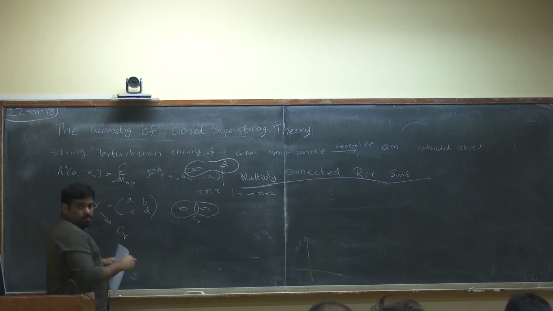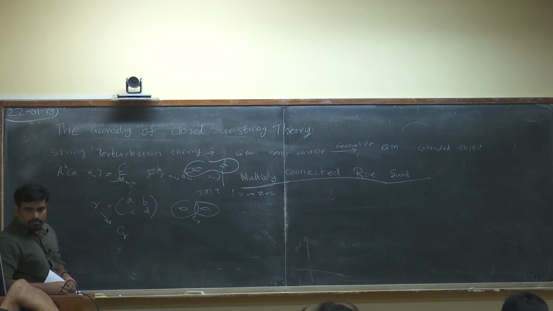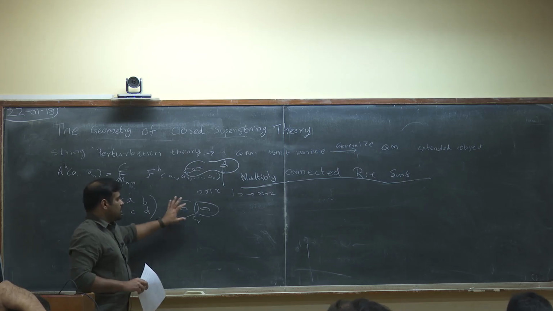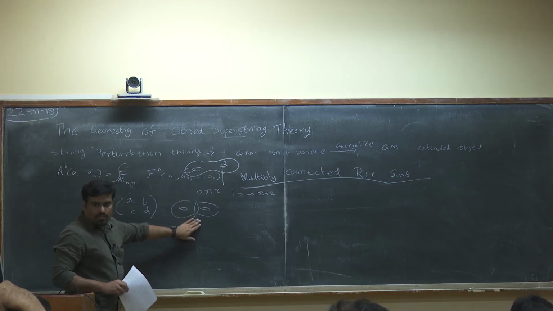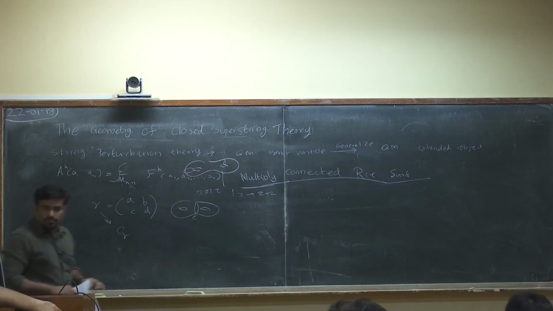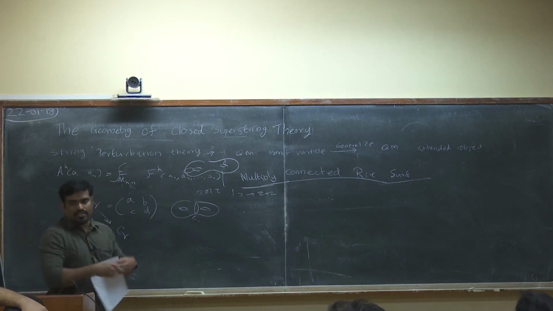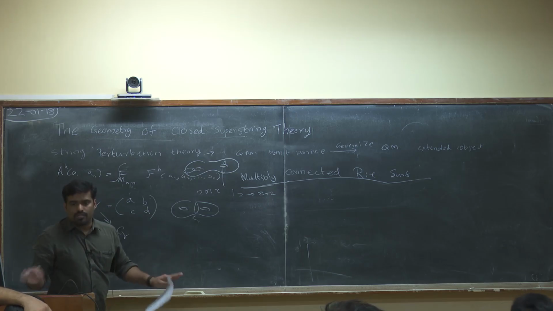You chose this geodesic in some special way, or is it arbitrary? I'm just saying that there exists a geodesic, and corresponding to this geodesic there will be an element. It's a special geodesic in the sense that it won't intersect itself. It's a simple closed geodesic.